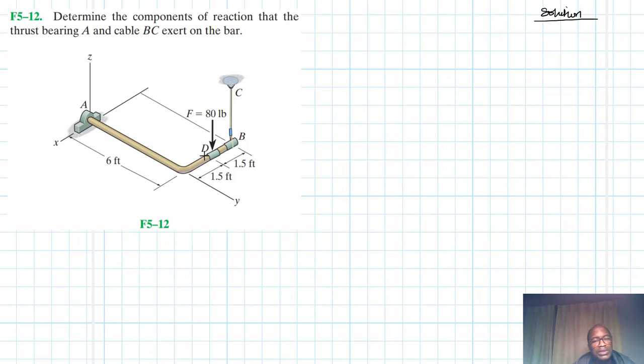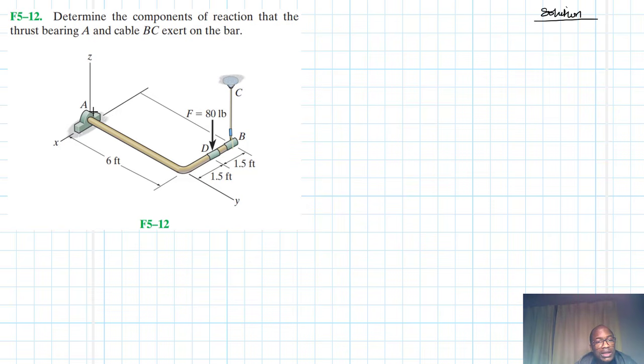But if we had additional supports elsewhere, let's say maybe a journal bearing, or a roller, maybe a support here, a roller or something, then we could not have included the support moments there, the reaction moments.